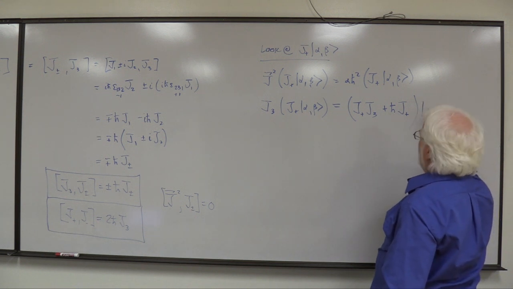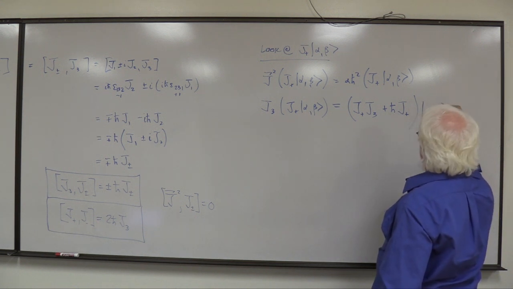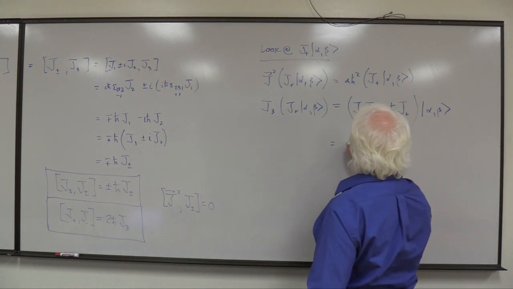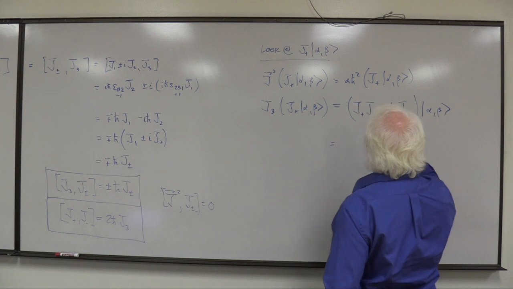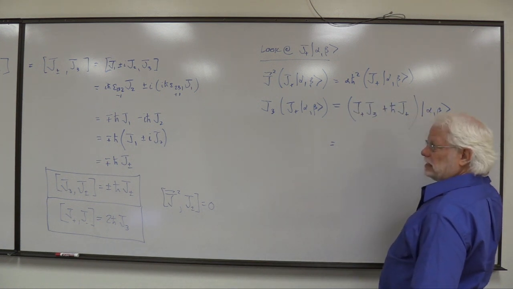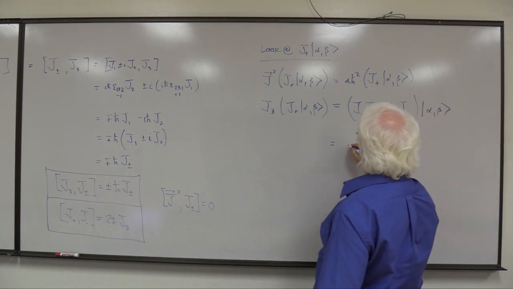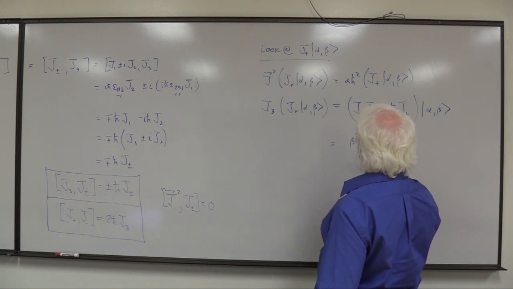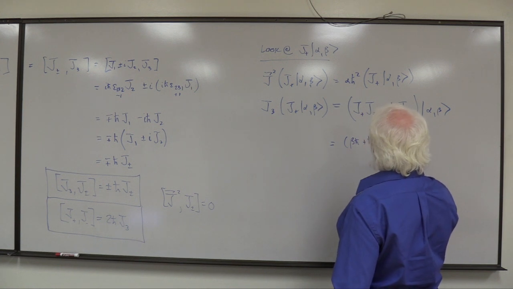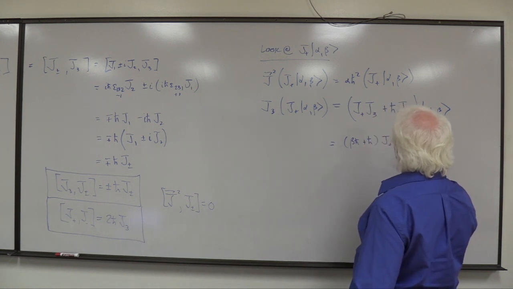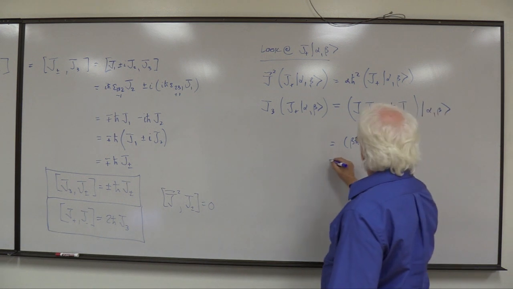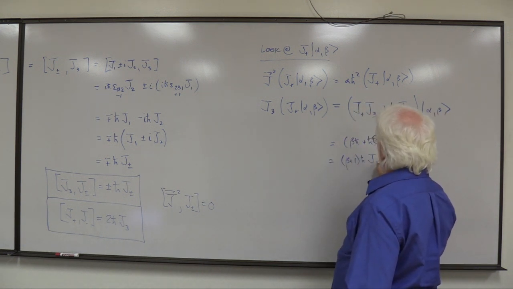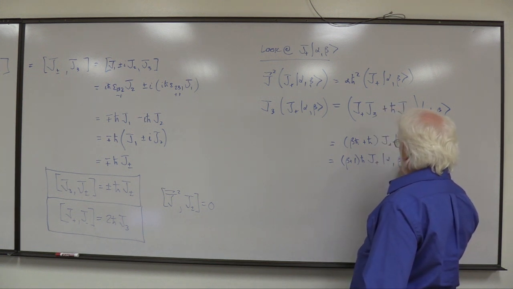And that then acts on the alpha beta state. But now I can let the J3 act and pull out the beta. J3 on this eigenstate gives beta h bar. So what I get is beta h bar plus h bar with J plus acting on alpha beta. And we can write that as beta plus 1 h bar J plus alpha beta.